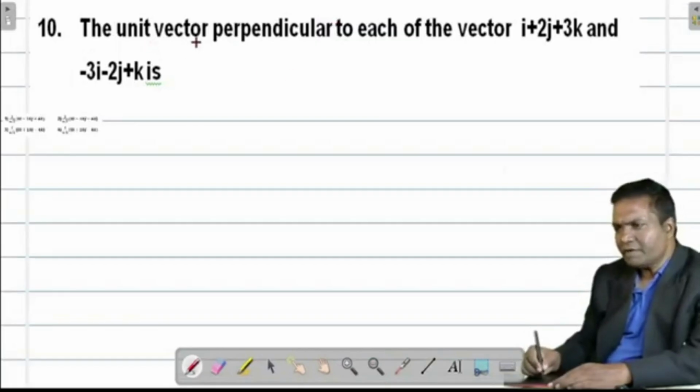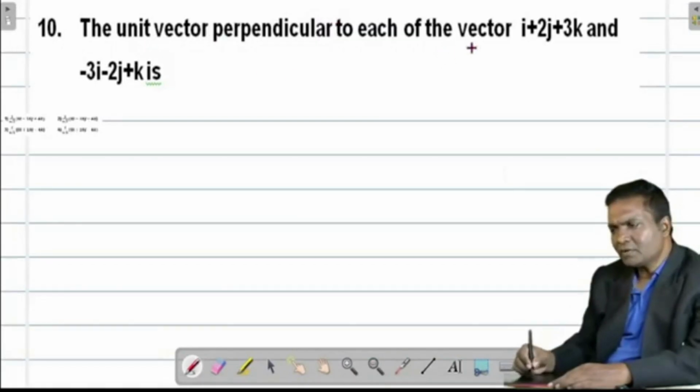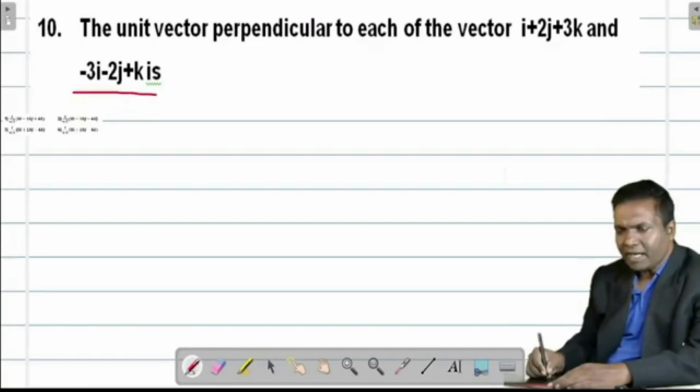The unit vector perpendicular to each of the vectors i plus 2j plus 3k and minus 3i minus 2j plus k.